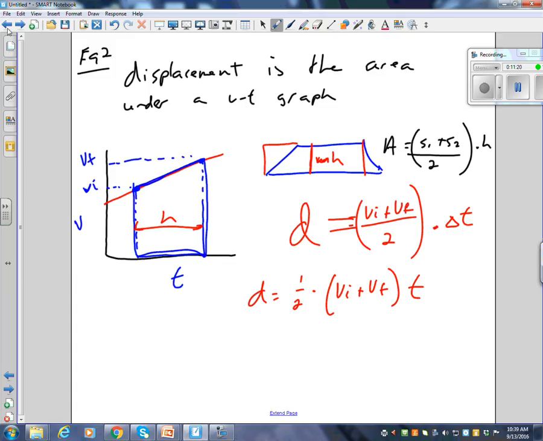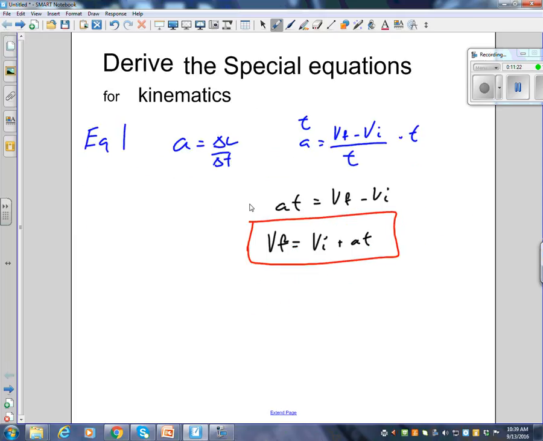Okay, so now what I'm going to do is take special equation number 1, which is vf equals vi plus at. I'm going to replace the vf in the equation with vi plus at.